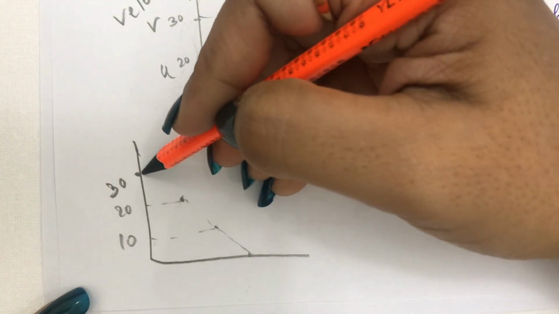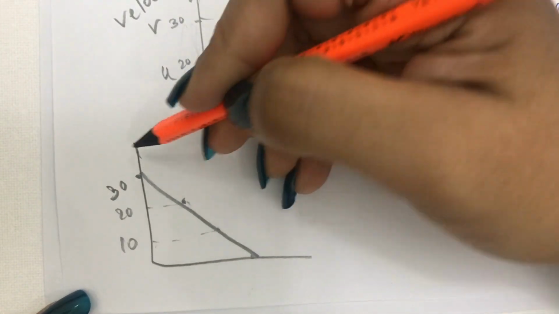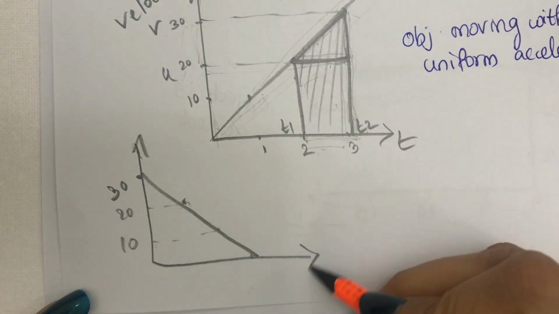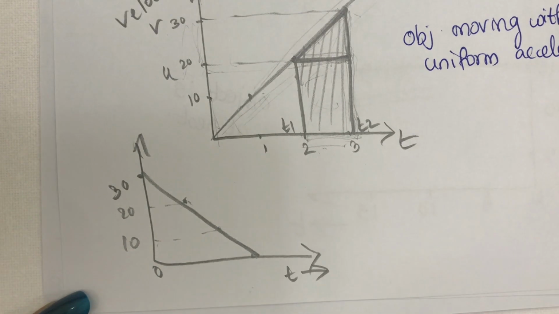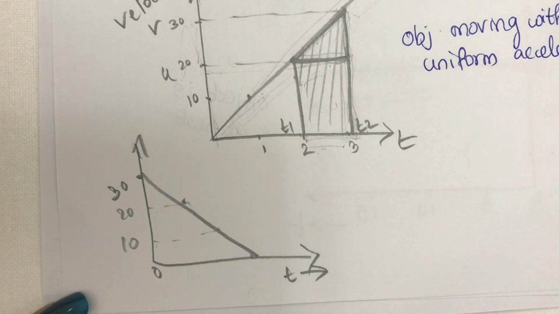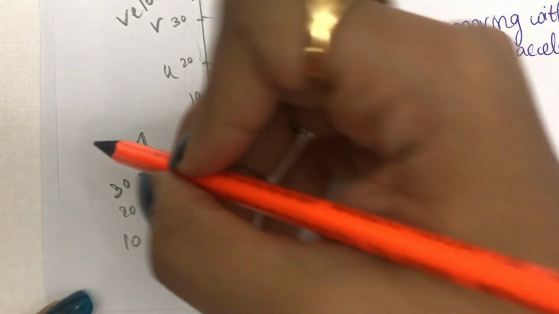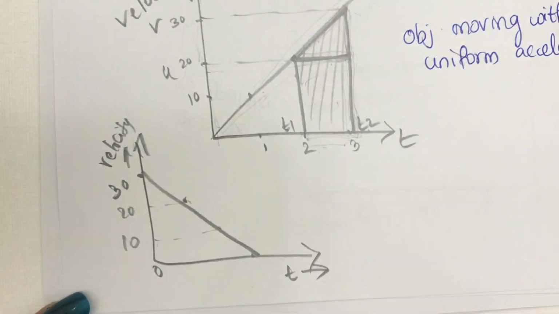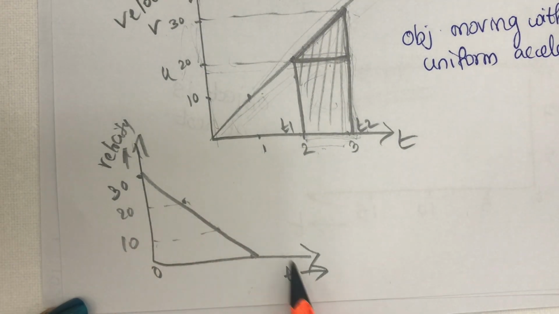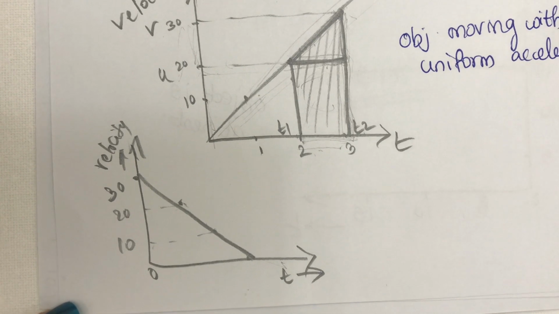Okay, so how will my graph be? My graph will be like this. Okay, so this will be the velocity time graph of an object decreasing the speed uniformly. It will come down.